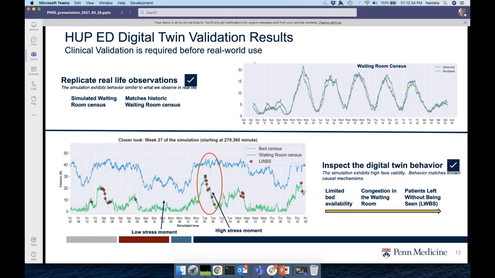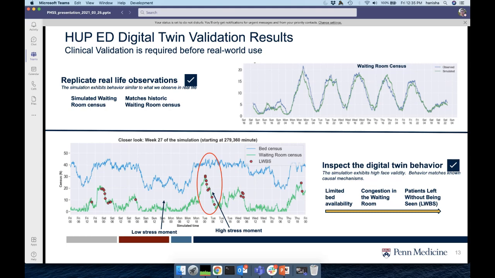The blue line is what we actually observed, and we observed this diurnal pattern. People pile up in the waiting room on average from midday into the early evening, into the early morning. And then, early morning, it's empty. Our simulator can create a waiting room census that is pretty darn close to real life. That gives us confidence that what we're doing represents the real world.